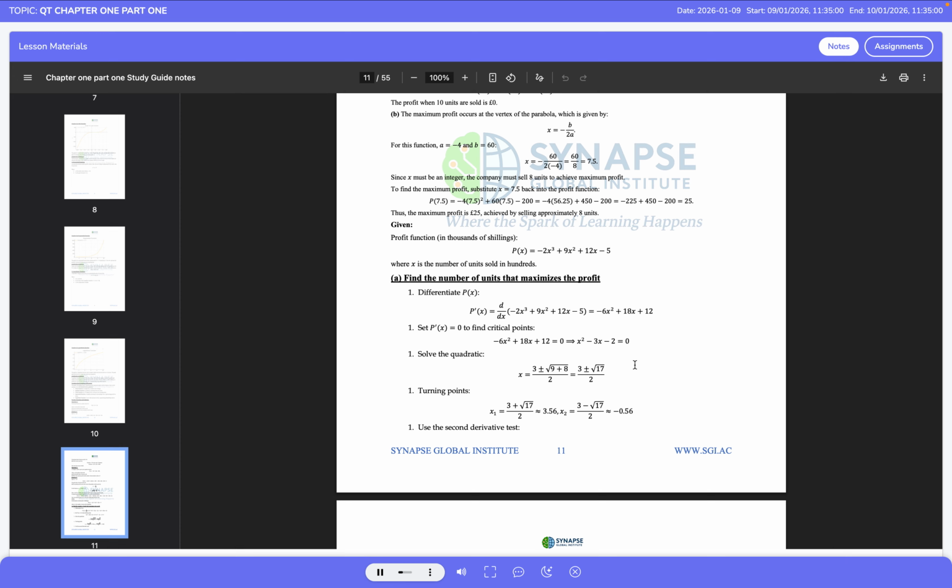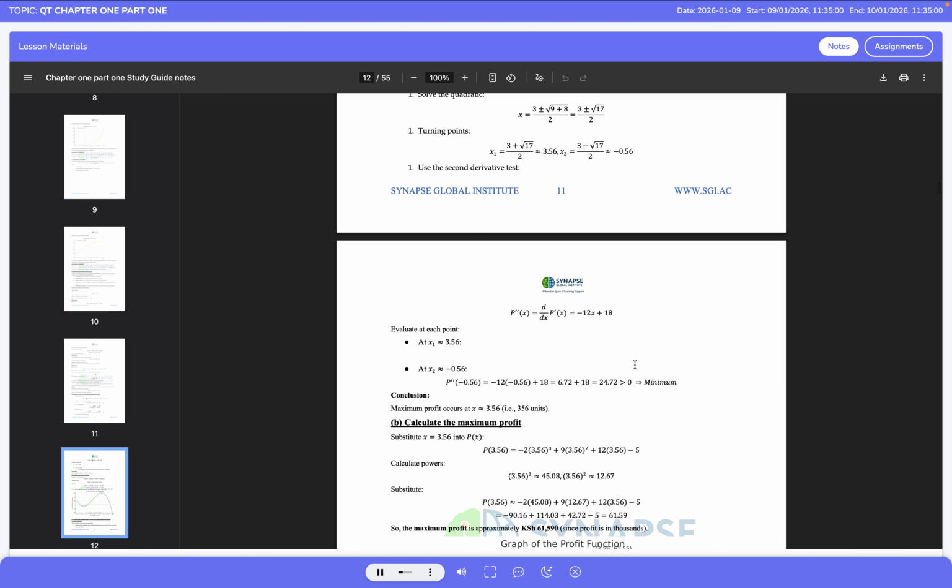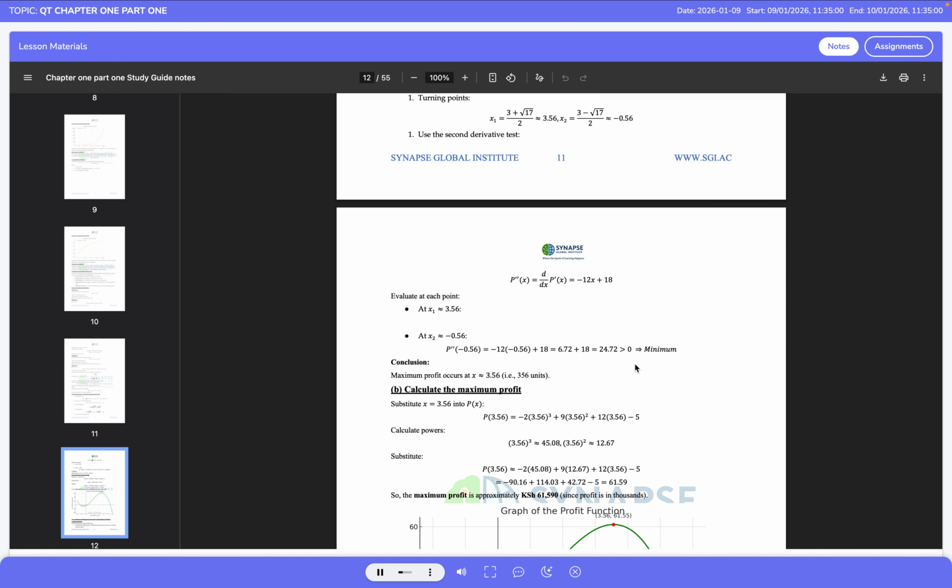Solving this quadratic gives x equals 3 plus or minus the square root of 17, divided by 2, producing approximate values of 3.56 and negative 0.56. Using the second derivative test, we find that the maximum profit occurs at x approximately equal to 3.56, meaning about 356 units.